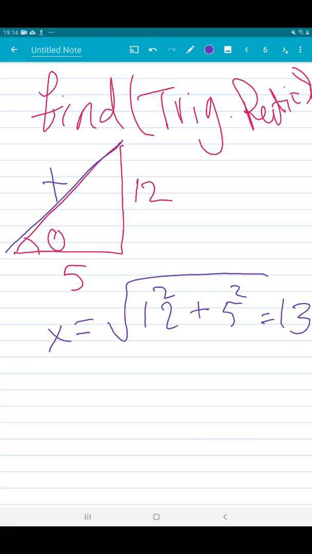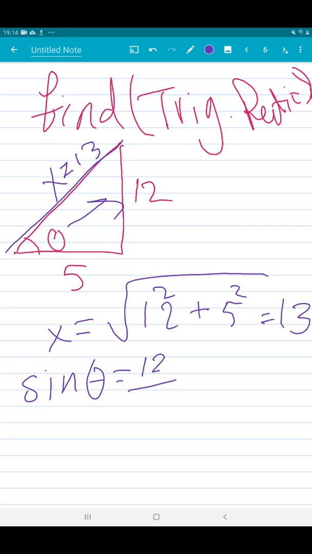It becomes 13. Now x equals 13. Now sine theta equals opposite 12 over hypo 13, the longest side.